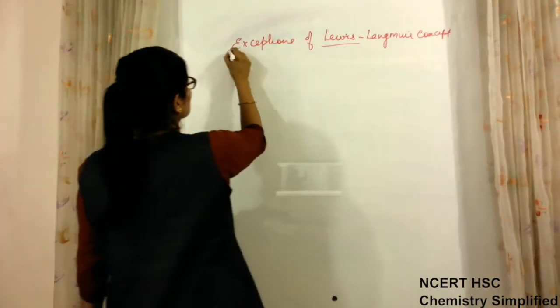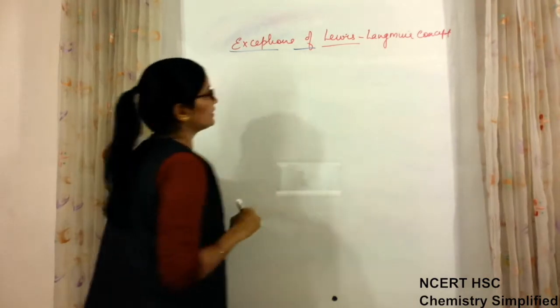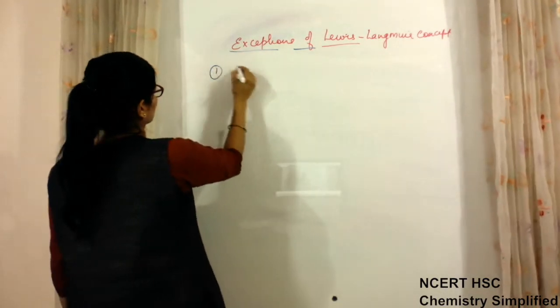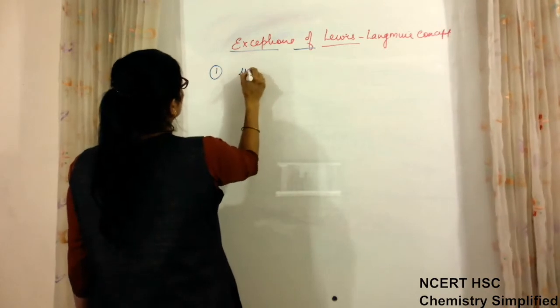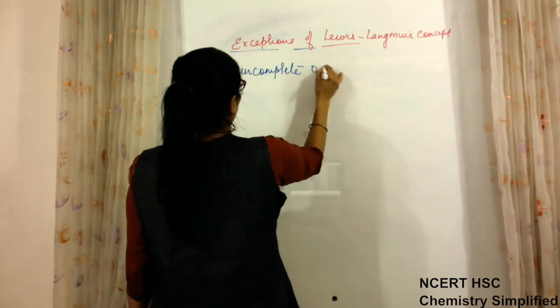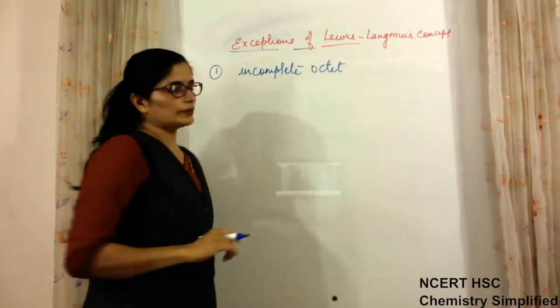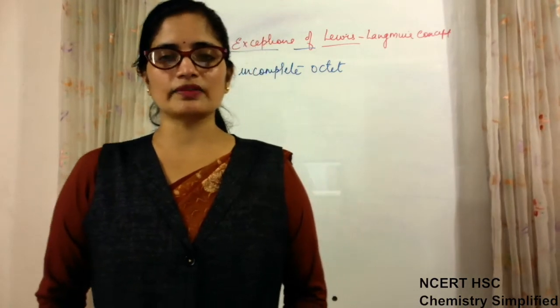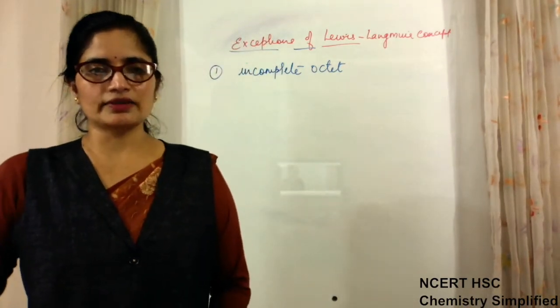There were a total of 3 types of exceptions to the Lewis-Langmuir concept. The first was molecules with incomplete octet. There were certain molecules whose octet was not complete, but still they existed and were stable.